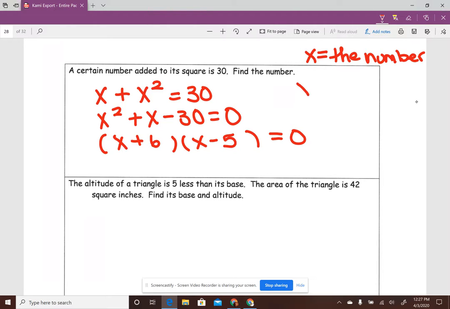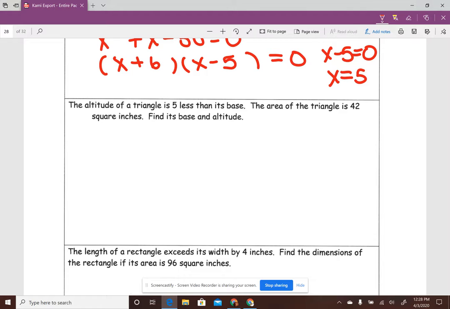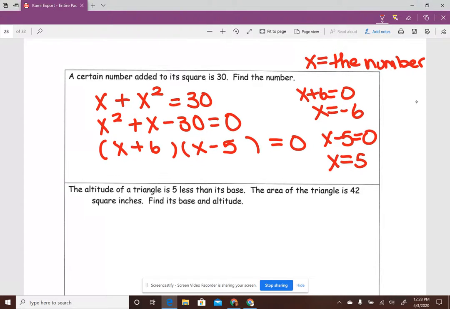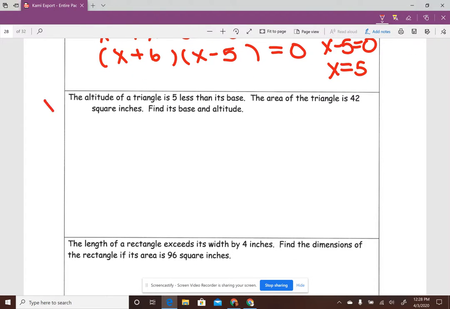Therefore, when I set those equal to 0, I get x equals negative 6, and I get x equals 5. Okay? Therefore, I should state my answers. I'll put a little box right here. 5 comma negative 6.